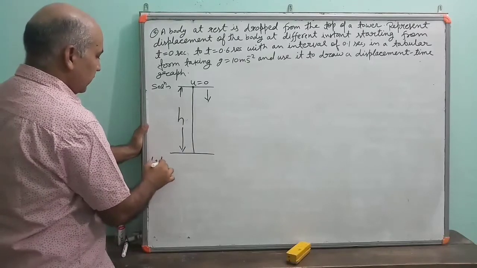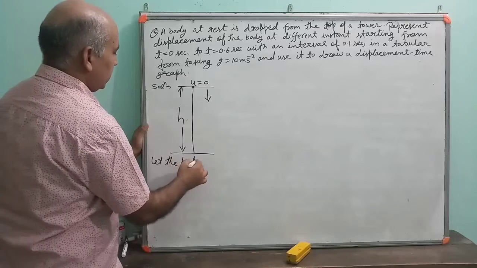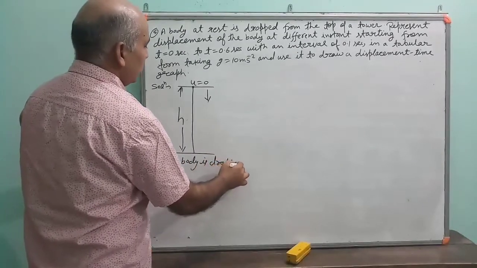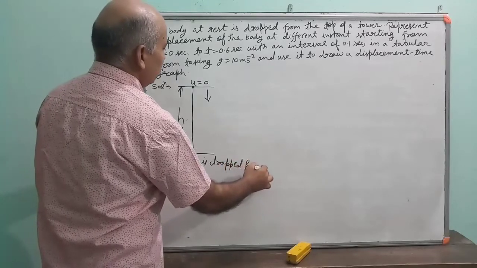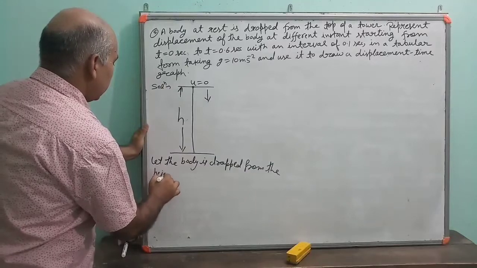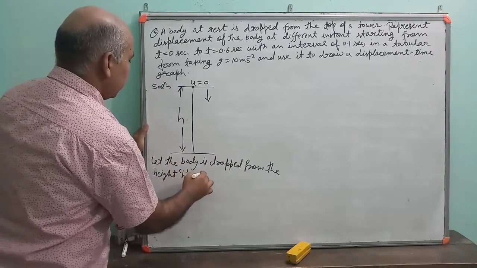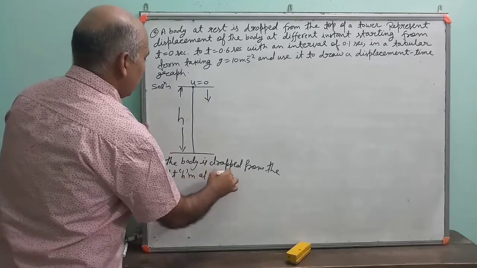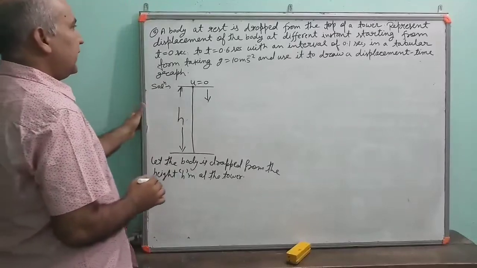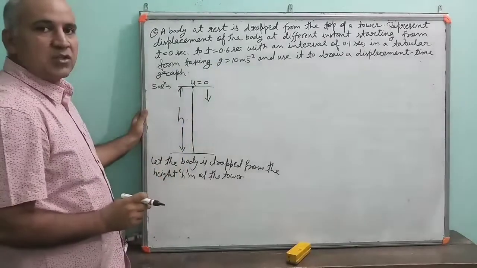Okay, let the body be dropped from the height h meter of the tower. It is given that g is 10 meter per second square.